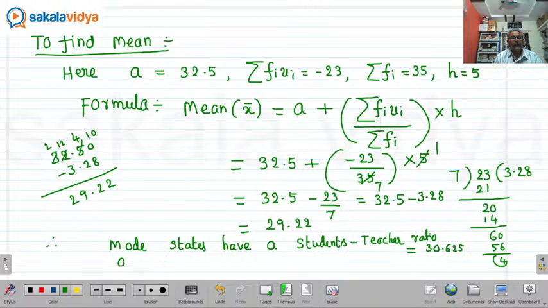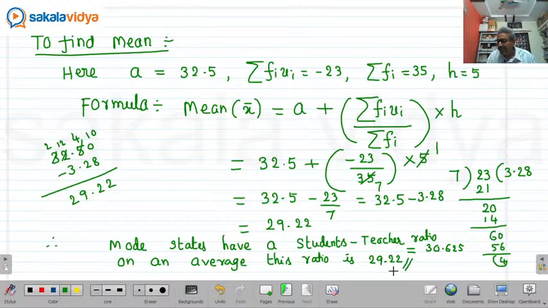So on an average, this ratio is 29.22. So this is the interpretation. Okay, Sivani, good try.